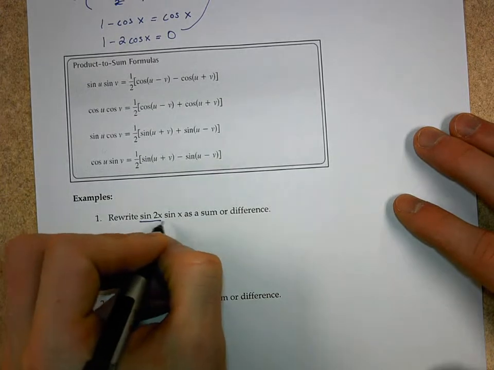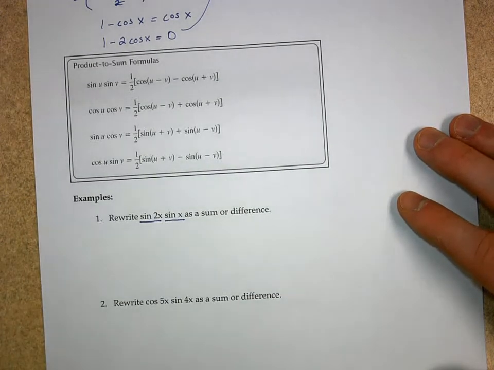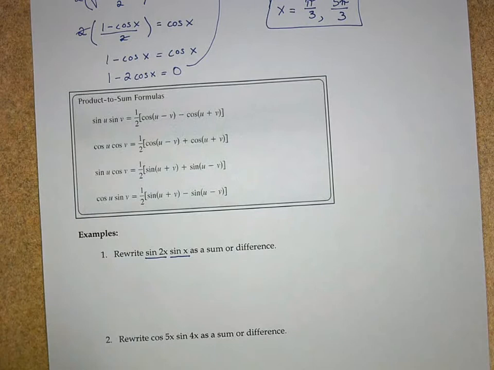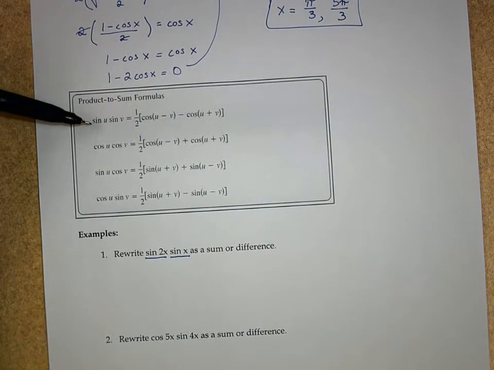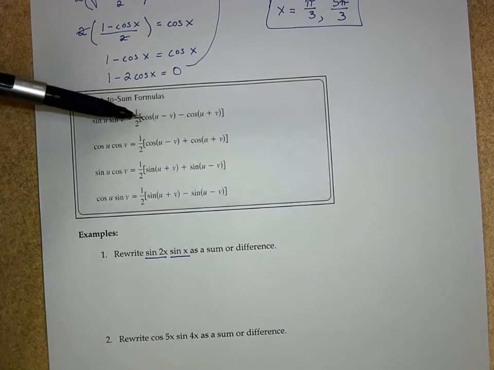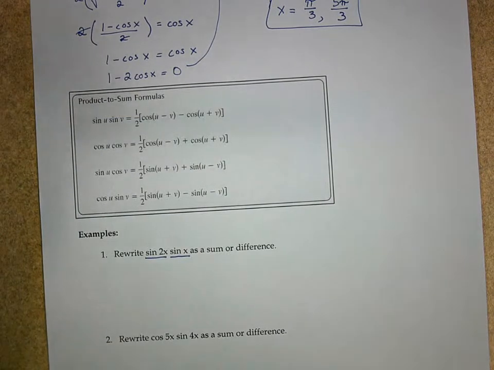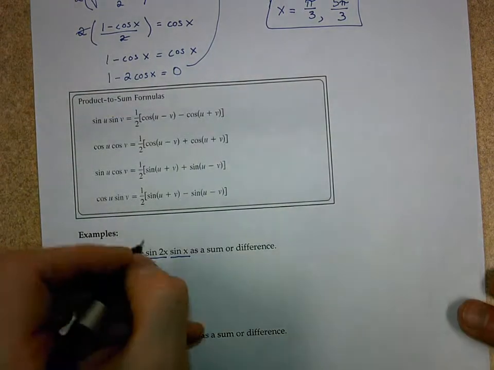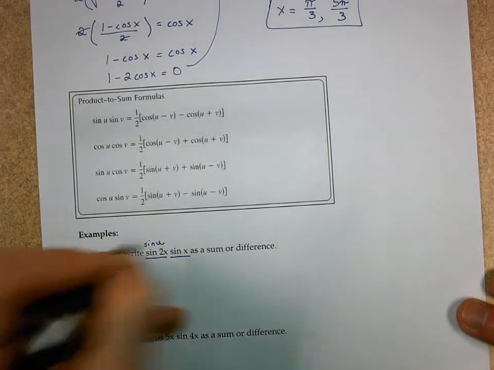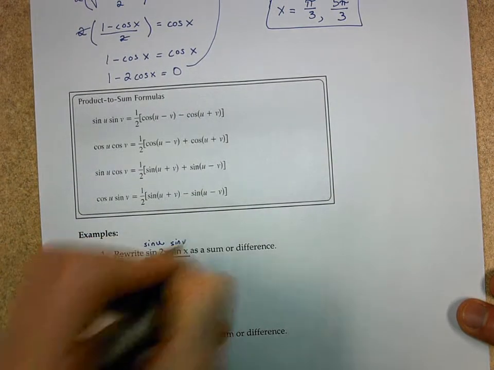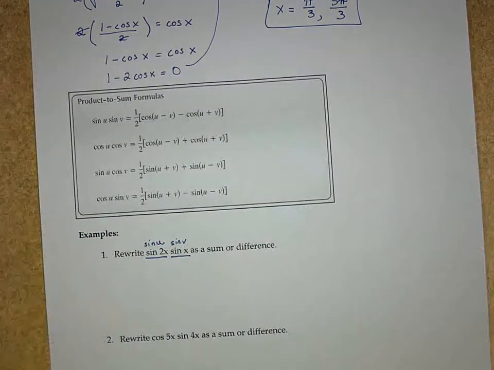So I've got a sine of 2x and a sine of x, which when I look up here, where are two sine quantities being multiplied? And you see it right here. The sine of u times the sine of v is equal to 1/2 cosine of u minus v minus cosine of u plus v. So I'm going to let the sine of 2x be the sine of u, and the sine of x is going to be the sine of v.